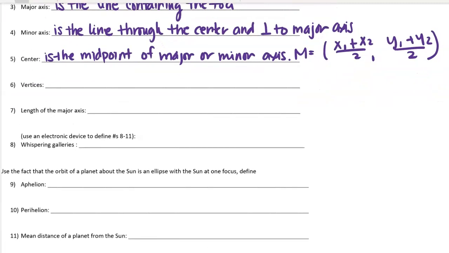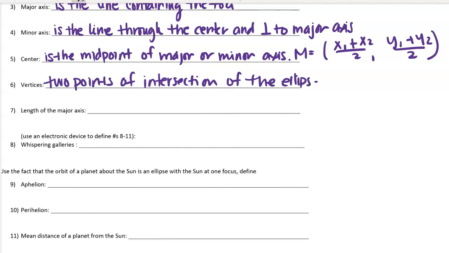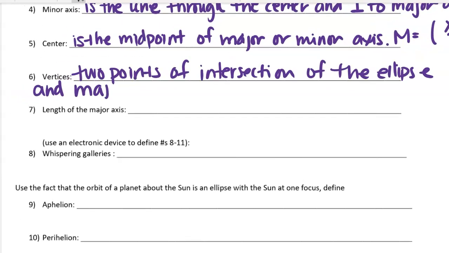All right, vertices. We have two for the ellipse. So vertices are 2 points of intersection of the ellipse and major axis. Okay, I'm gonna wait for you guys. I don't want to run too fast.